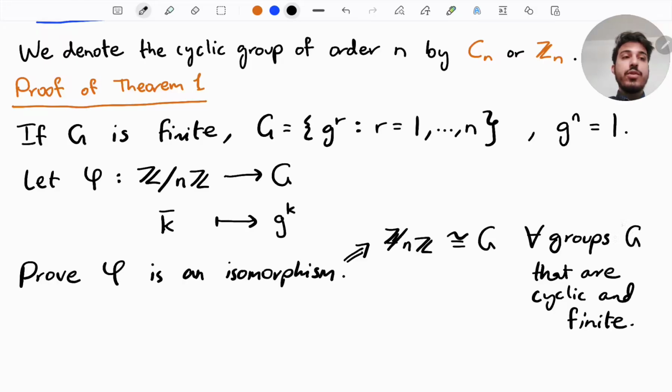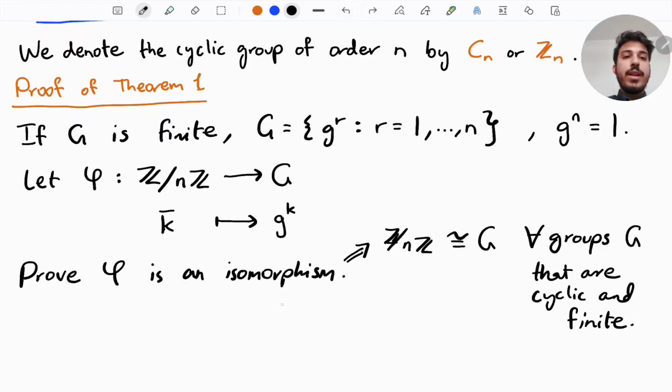So if this is true for all groups G that are cyclic and finite, that means all the groups are isomorphic to this one group, therefore they're isomorphic to each other. So all it takes is to know how many elements are in the group G, which are n elements, and we can say that they are isomorphic to this one group Z/nZ.